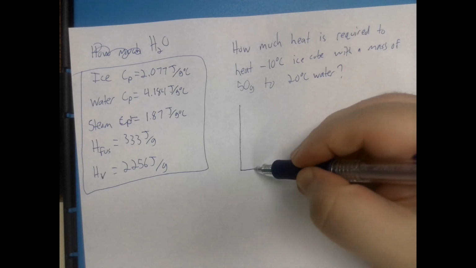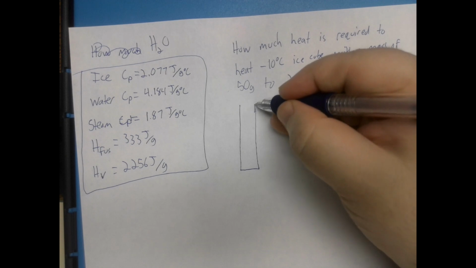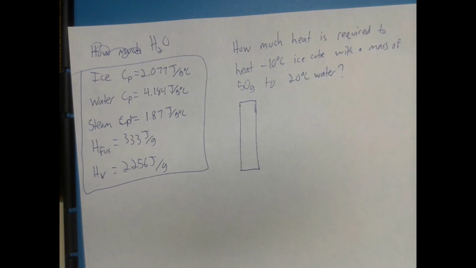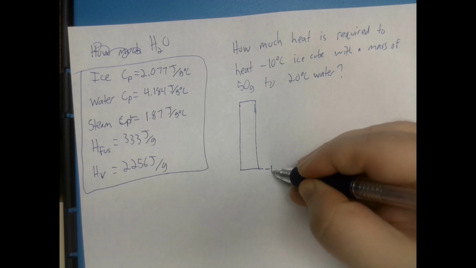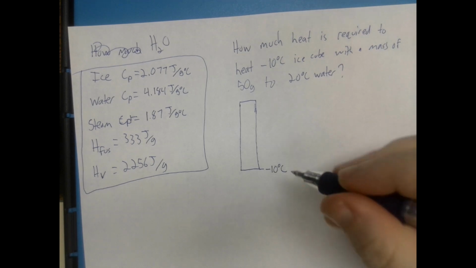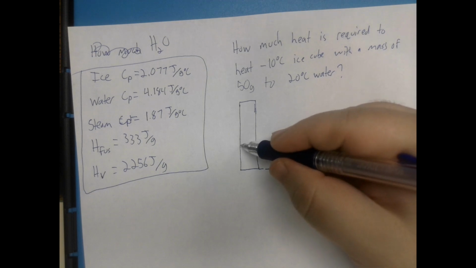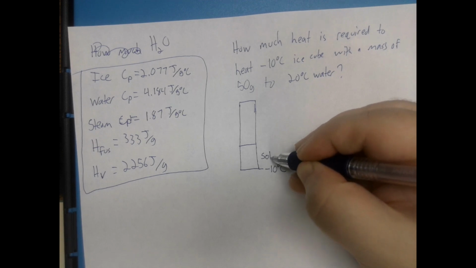I like drawing a little scale to help keep me on track with all the equations that will be involved in doing this. So we start out with negative 10 degrees Celsius ice, and we're going to be heating it up.